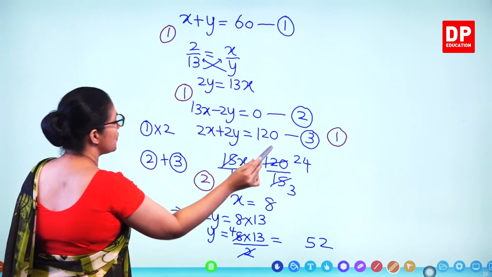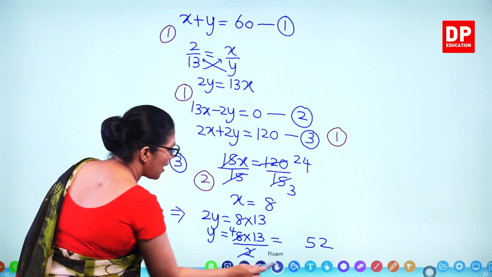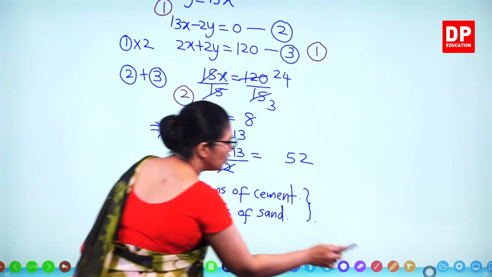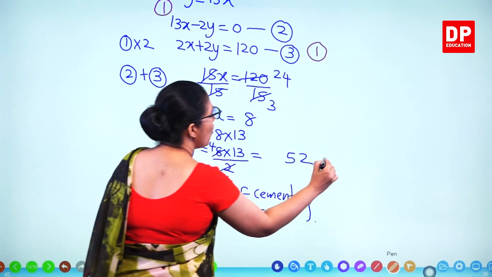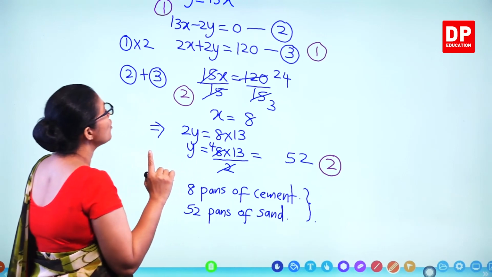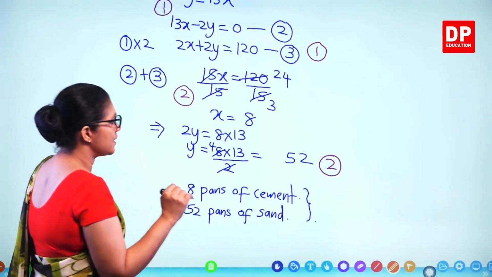So 1, 2, 3, 4, 5, and another 2 marks for finding the y value. So altogether 7 marks for that.